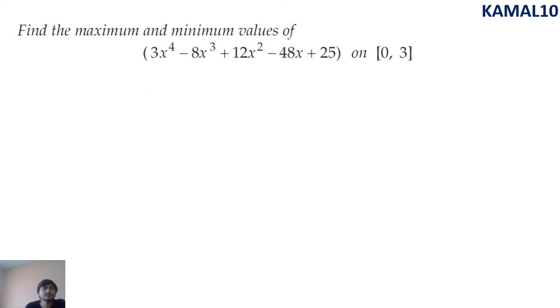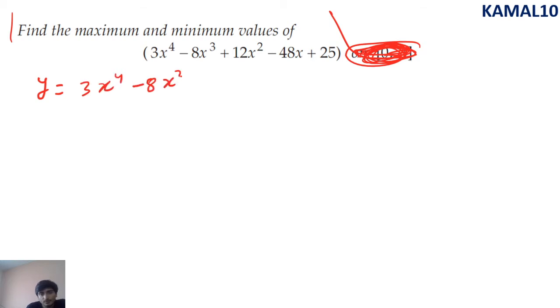We'll solve one problem and try to solve it using this method. First, forget about this part for now. I'm only asking to find the maximum and minimum value of this. So y equals 3x to power 4 minus 8x cube plus 12x square minus 48x plus 25.